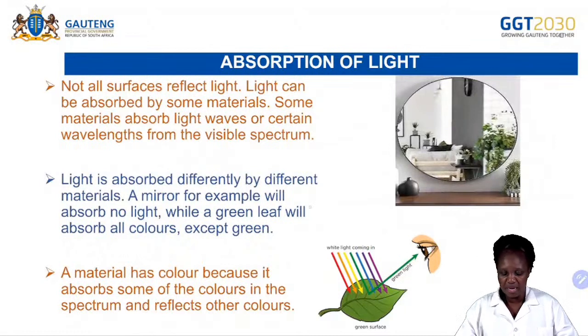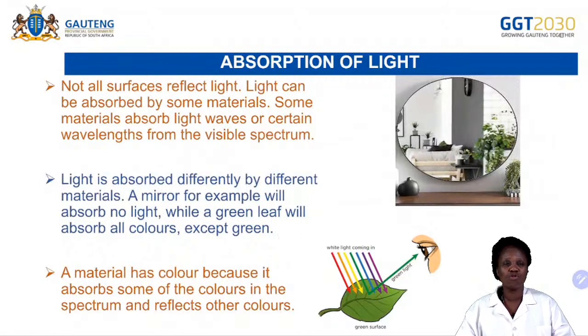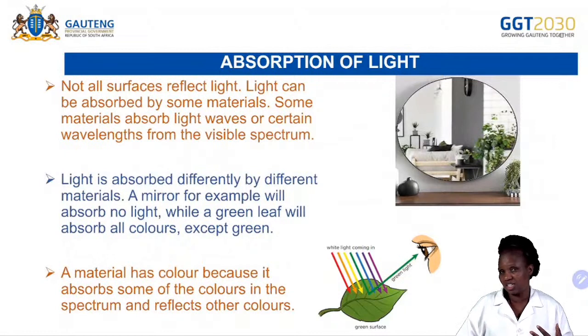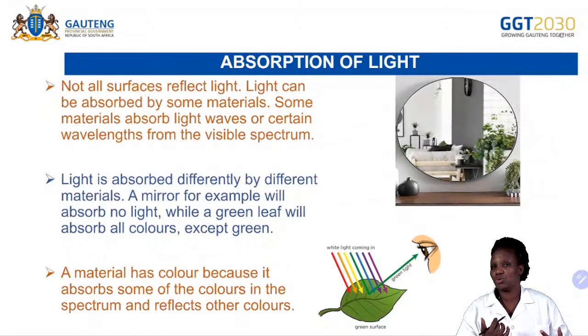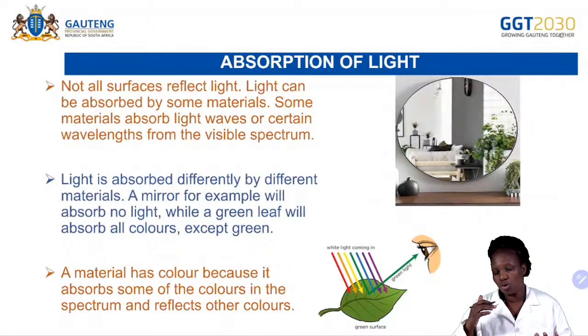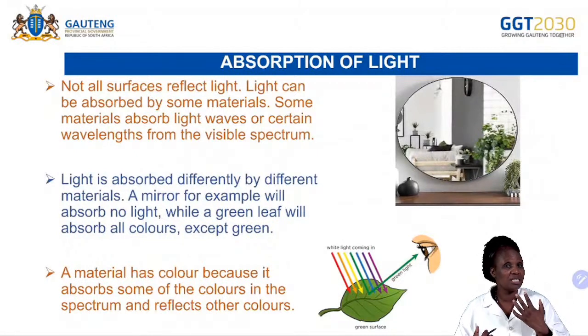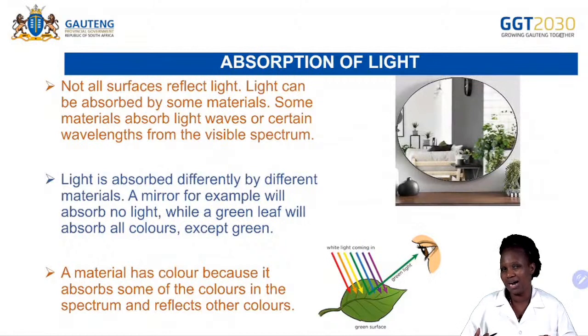For example, a mirror won't absorb light, while a green leaf will absorb all the colors except green. Because it is green, green will be reflected to our eyes, then we'll see the leaf as green because of the reflected green light that comes into our eyes. Remember, the color that we see is the one that is being reflected to our eyes. That's why we see that color.